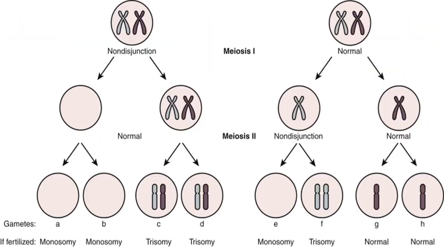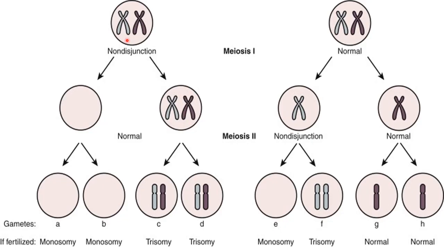See here, this is a meiosis division which occurs in a cell. Here you can see in meiosis 1, non-disjunction is occurring. It means the homologous chromosomes which pair during meiosis should separate during the anaphase stage.